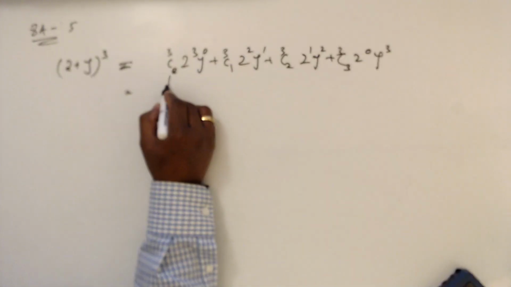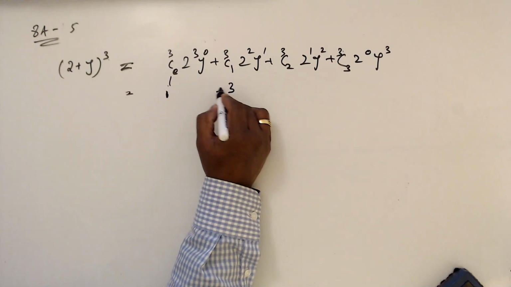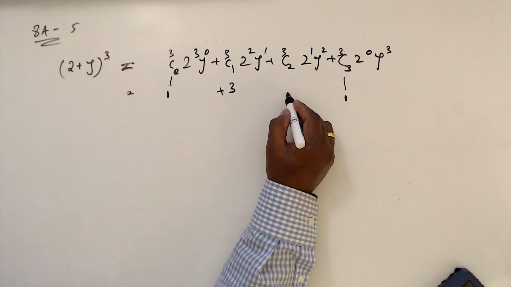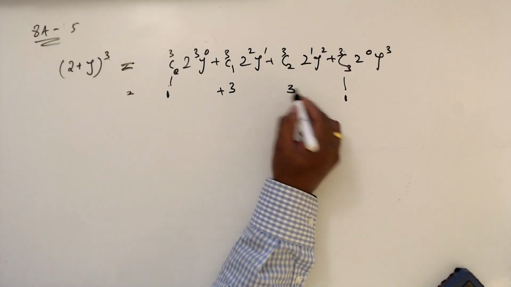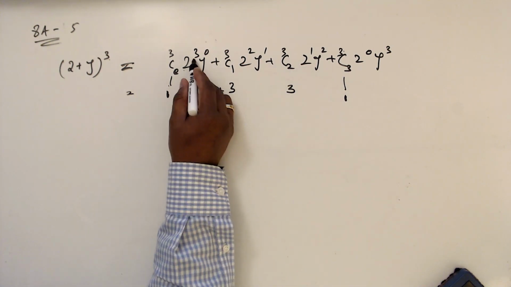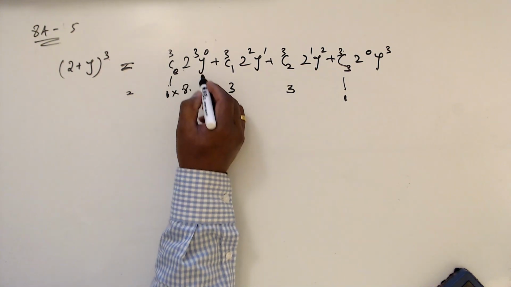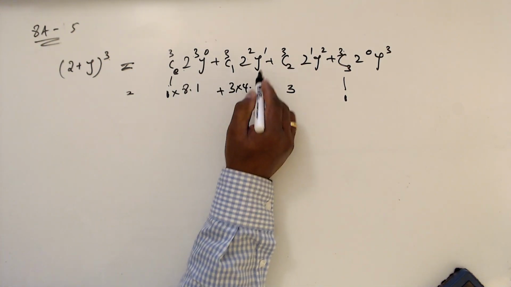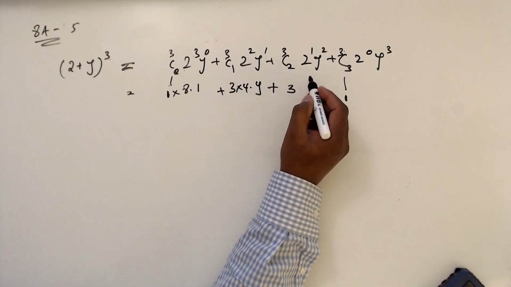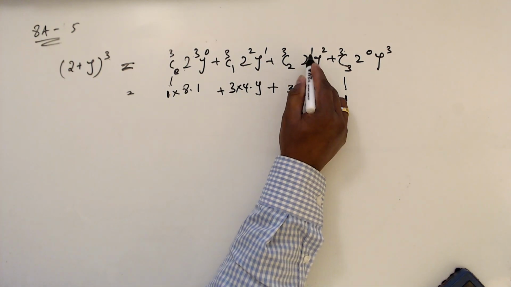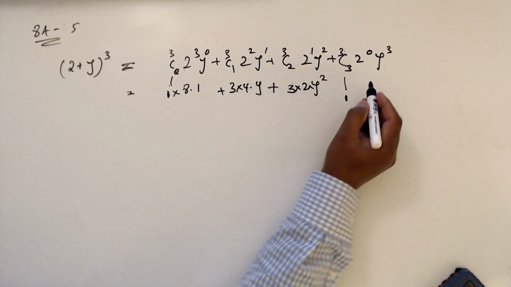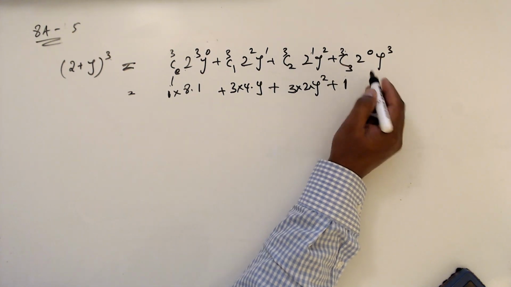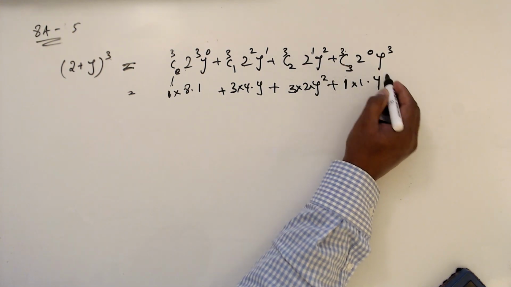This is 1, this is 3, and 1 will go last. 2 cubed is 8, y to the power 0 is 1, 2 squared is 4 times y, and plus 3 times 2 to the power 1 y squared, plus 3c3 is 1, 2 to the power 0 is 1, and y cubed.